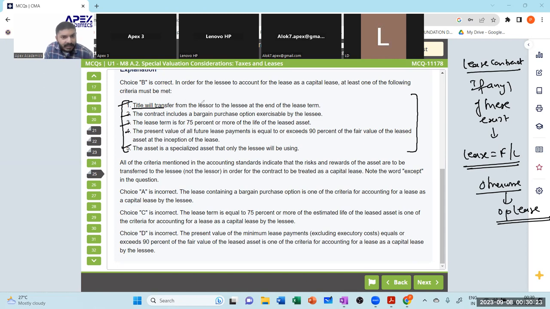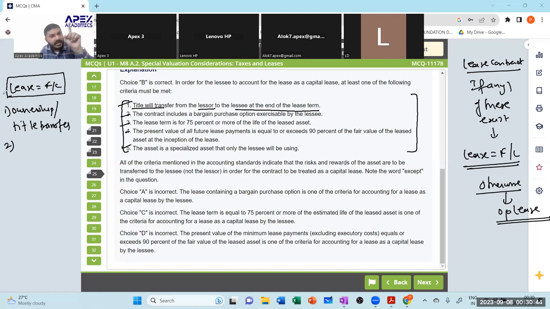First, the title will transfer from the lessor to the lessee at the end of the lease term. So can I say number 1, ownership or title transfer? Yes or no, please tell me. If this exists, lease will become, what will it become? Finance lease.